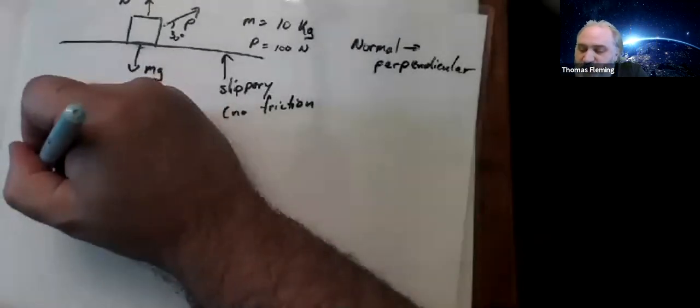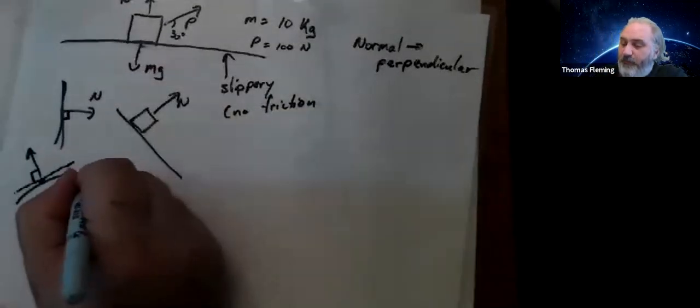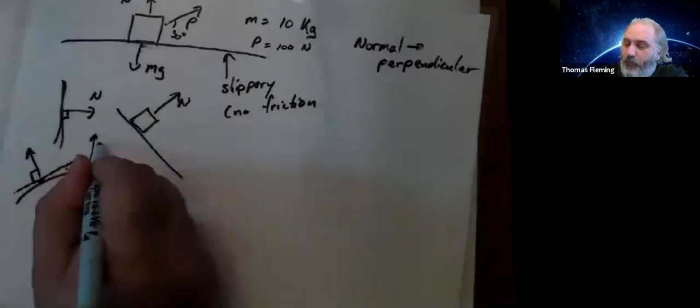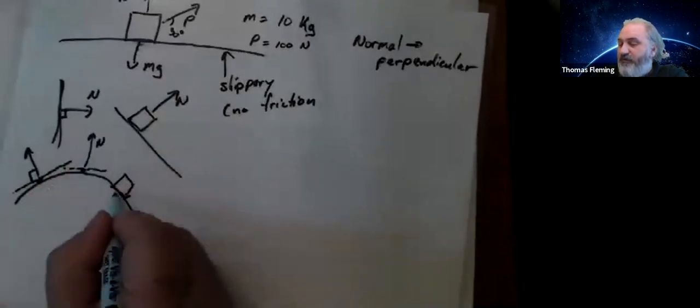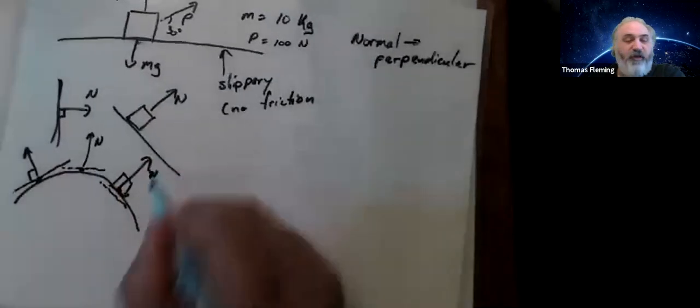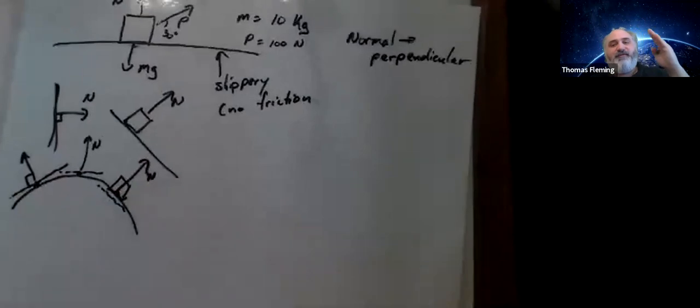So there it would point like that. At the top of the hill, the normal force would point straight up. But over here where this guy is, the normal force is going to point slanty that way. So on a curved surface, the direction of the normal force can be different depending on where on the surface you are.